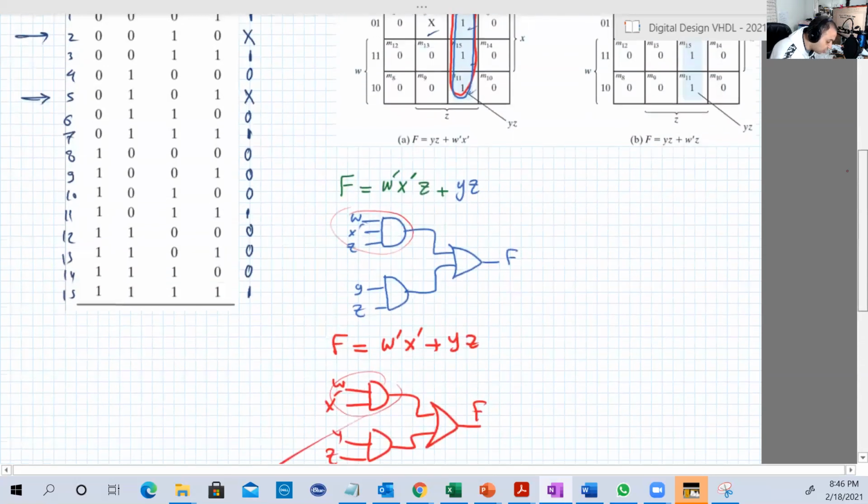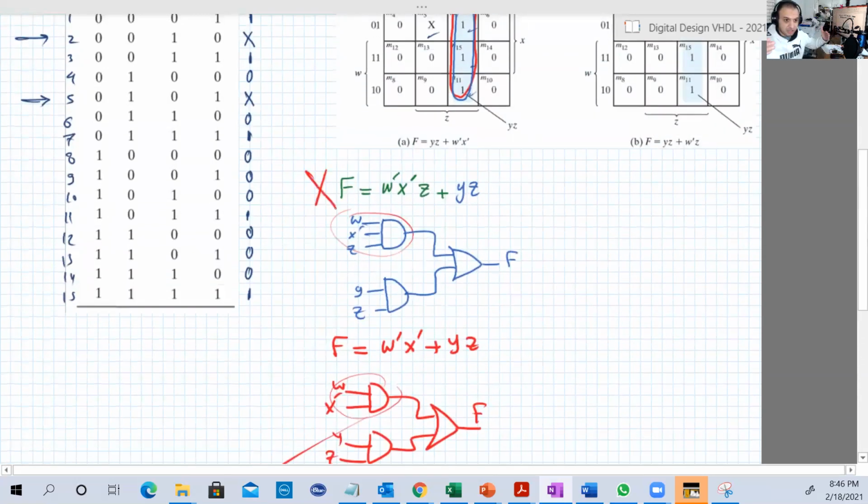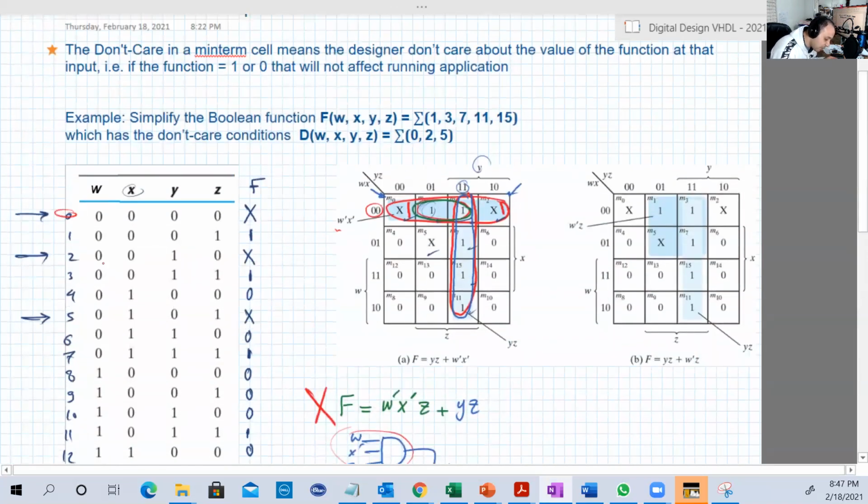So we will not adopt the first one, since we have a don't care and we are smart enough to know that the application doesn't care about the value at minterm 0 and minterm 2.